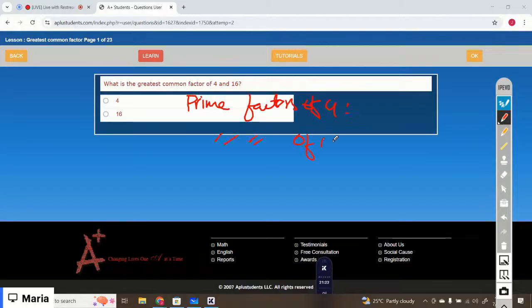The prime factors of 4 are 2 times 2 and the prime factors of 16 are 2 times 2 times 2 times 2. So this pair of 2 is common. So 2 times 2 is 4. Basically 4 is the largest number that can divide both 4 and 16. Got it? So GCF is the greatest number that can divide both the given numbers. Got it?